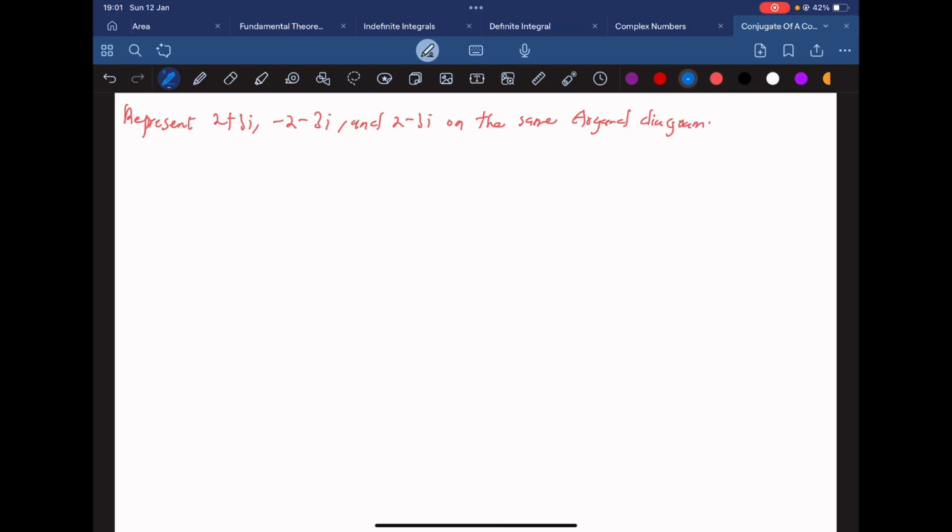So let's do that. First of all, let's draw our x and y planes. Let's say we have the y axis and this x axis.